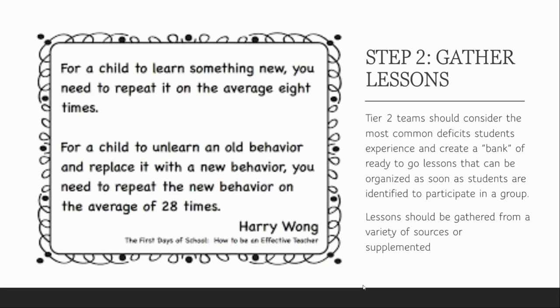So that team wants to have a bank of lessons. The lessons should be gathered from a variety of sources, with ways to supplement and reteach lessons. That team really wants to gather as many lessons for a particular skill as they can, so that the facilitator has the opportunity to pull from multiple lessons, banks, and tools for those lessons that need to be taught.